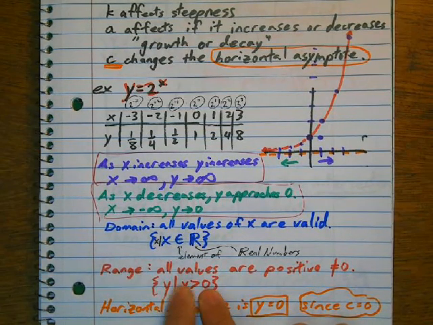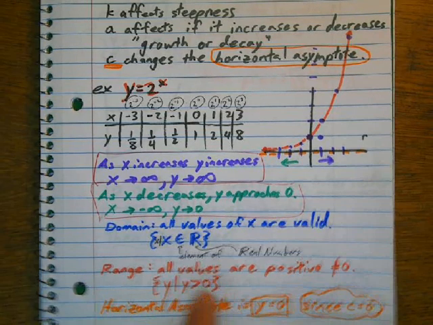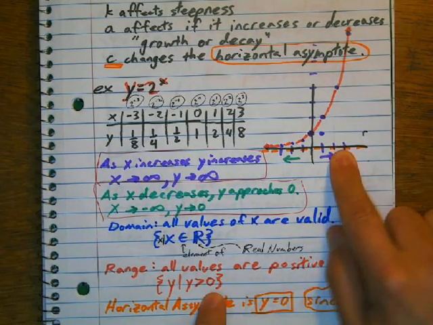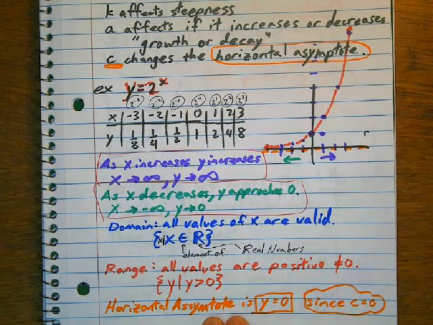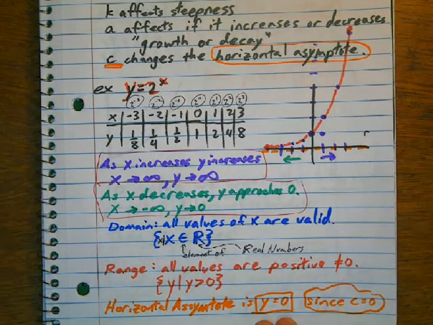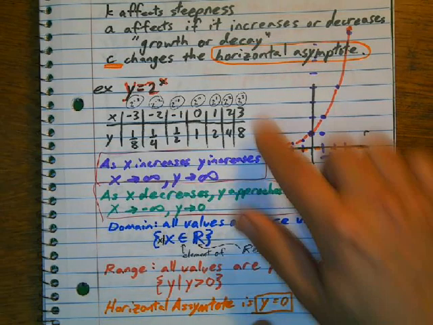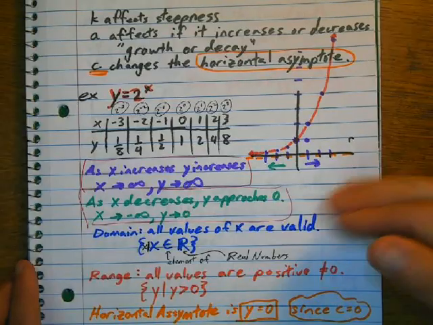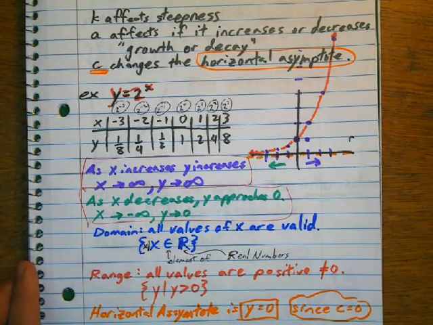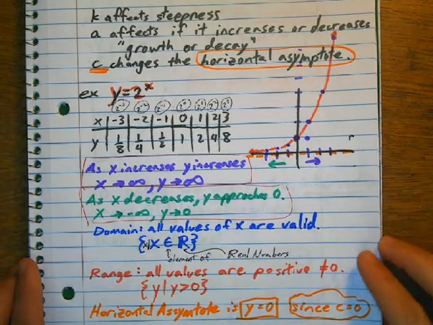Actually, not equal to 0, it can only be greater than 0. Since it won't go below the x-axis, we could say we have a horizontal asymptote at y equals 0. Now, if the c value here had been a particular number, then the horizontal asymptote would have moved up or down. You'll be able to experience this when you type it into your calculator.